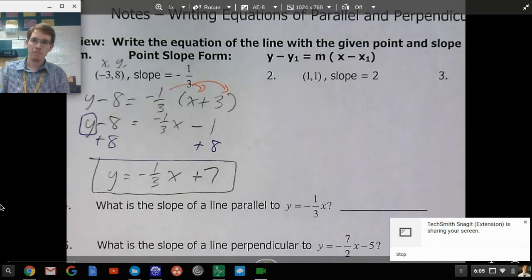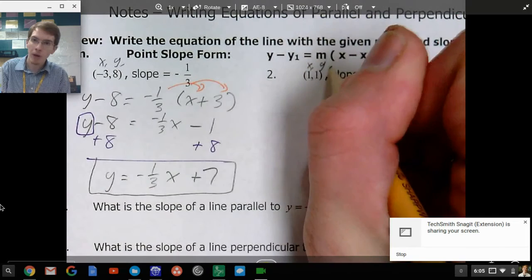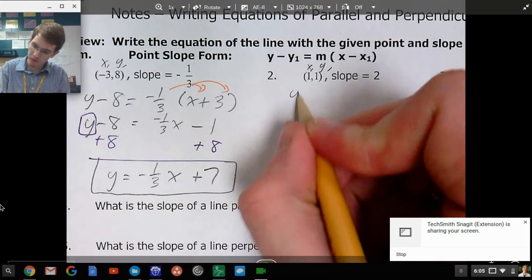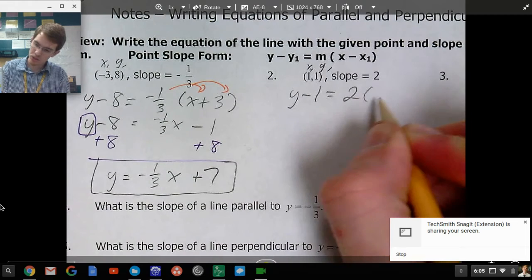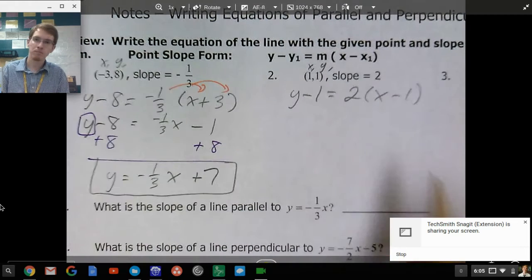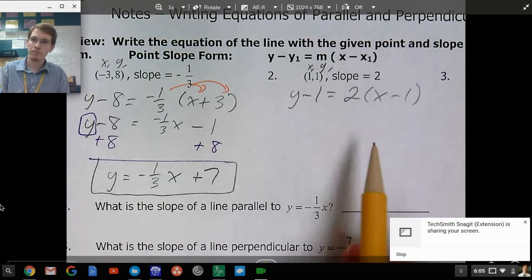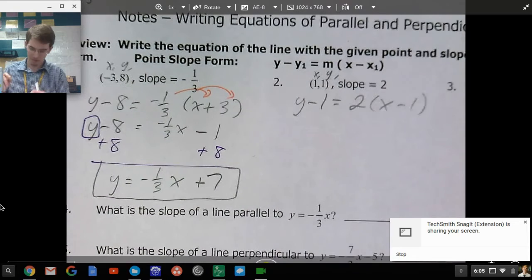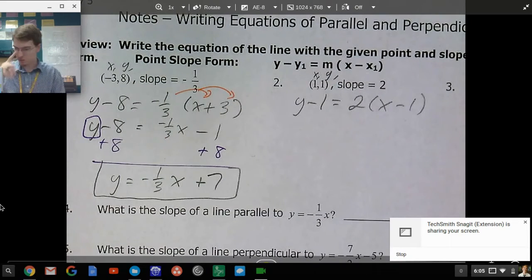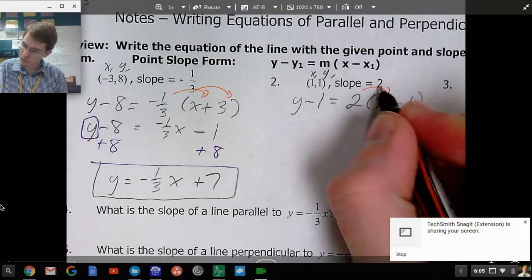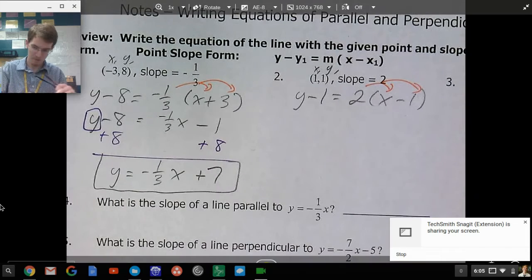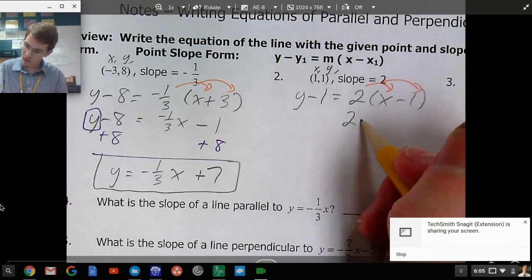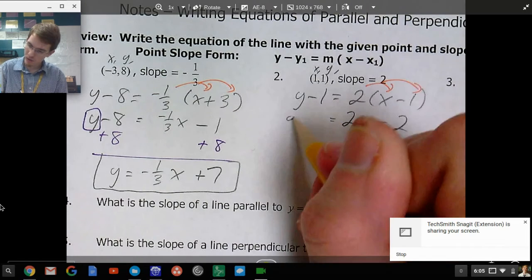Okay, second one, x1, y1. So we should have y minus 1 equals 2 times x minus 1. The 1 and the 1. The slope is right there. Okay, again, we need to distribute. So 2 times everything in here. We get 2x minus 2, y minus 1.